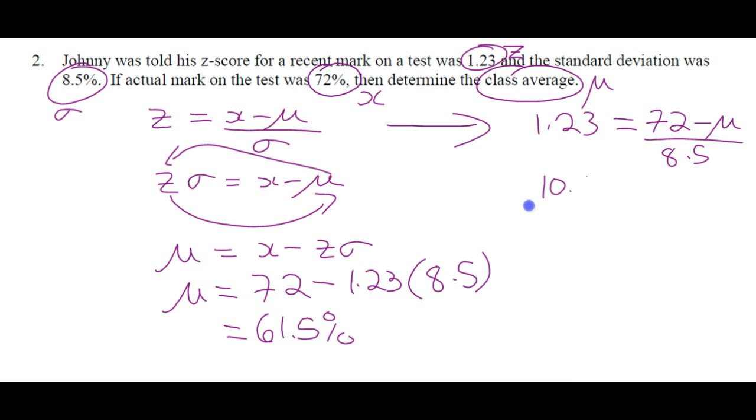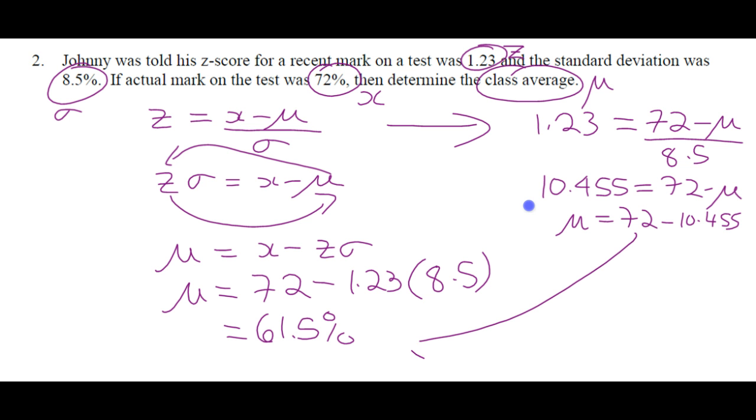Don't round. So you say 72 minus something is 10.455, so we just interchange those. So mu is the 72 minus the 10.455. And after rounding, you get 61.5.